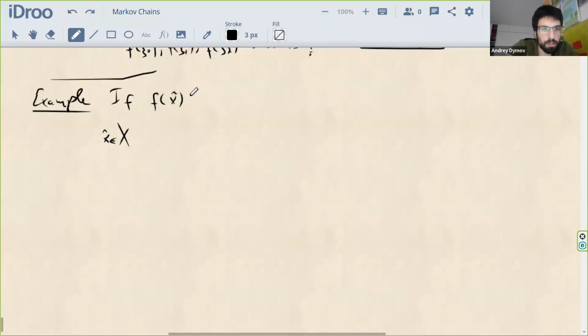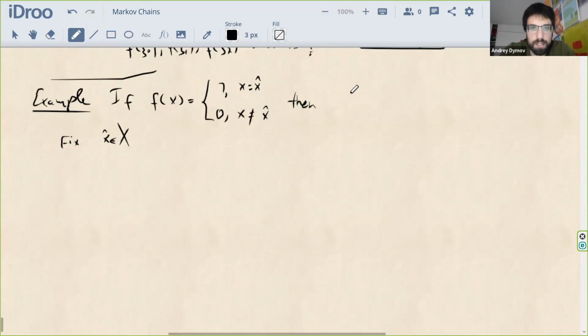Let me put it as follows: f of x equals 1 for x coinciding with a certain x hat, and 0 if x is different from x hat. So I fixed this x hat. Then what is Sn, which I recall is the sum of f of psi k from k equal 0 to n minus 1.